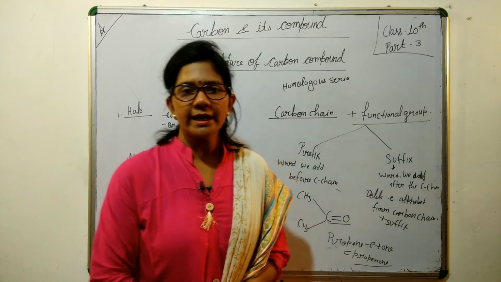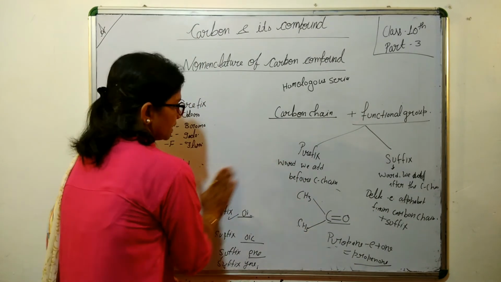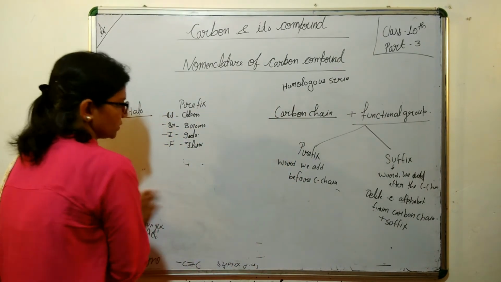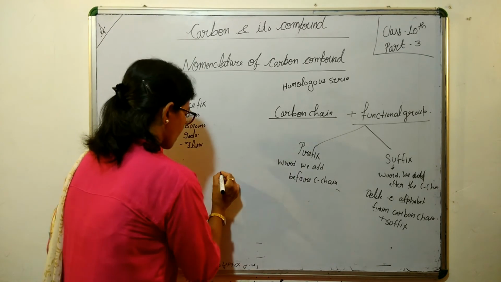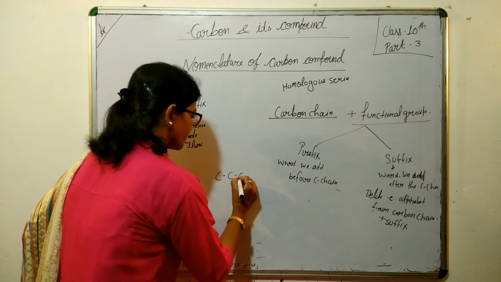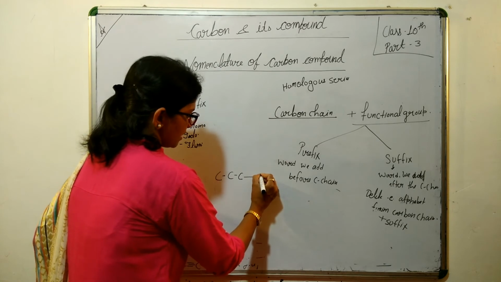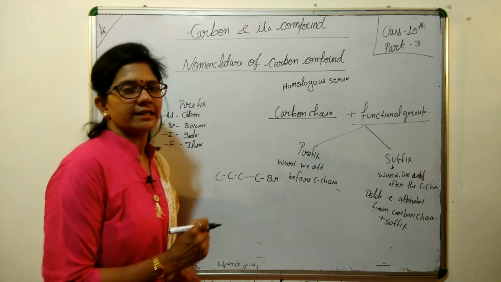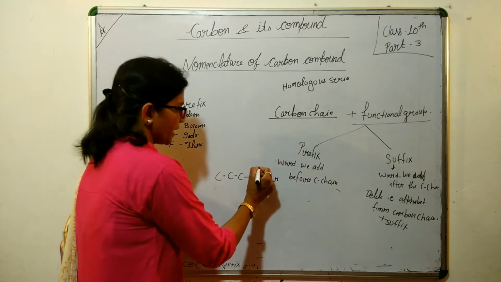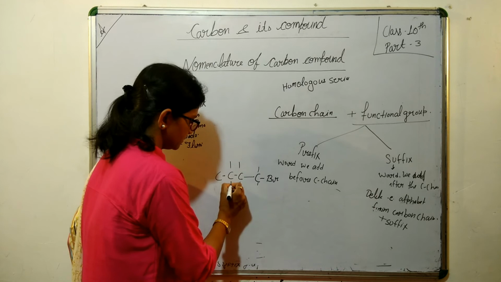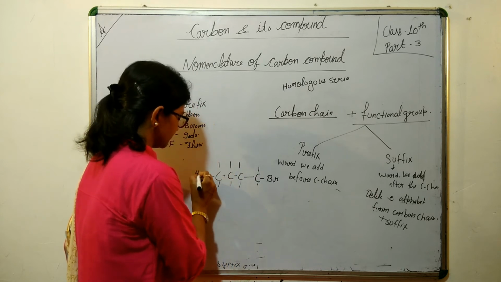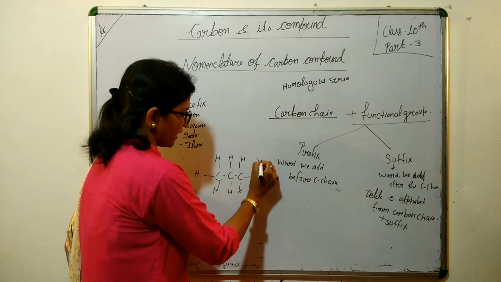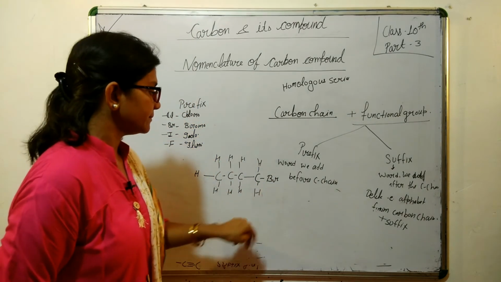Let's see some more examples. Suppose what you will do for this: 1 2 3 4, and then I have added the bromine functional group, and then H. In this way we are satisfying the valency of the carbon.